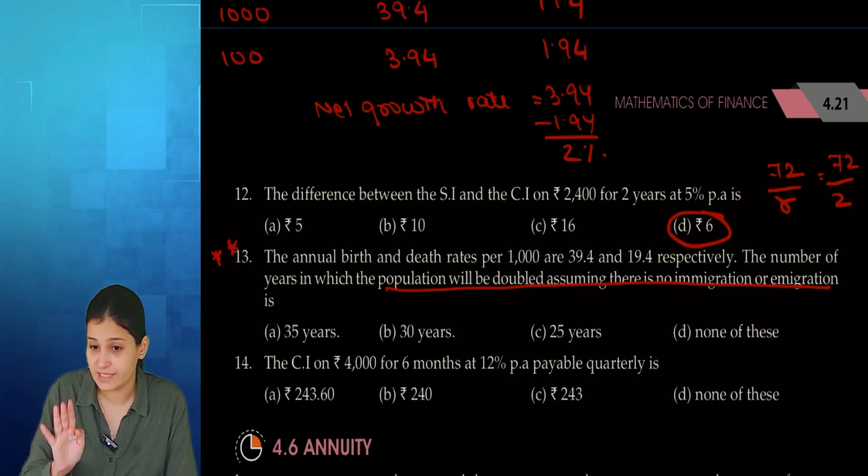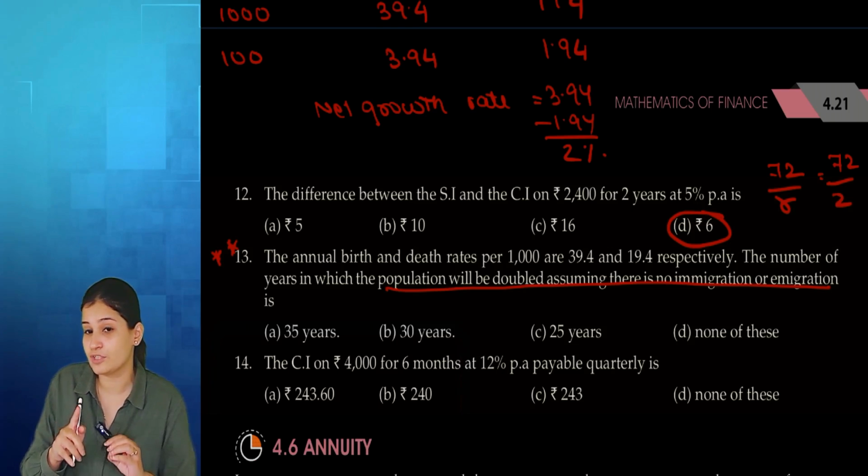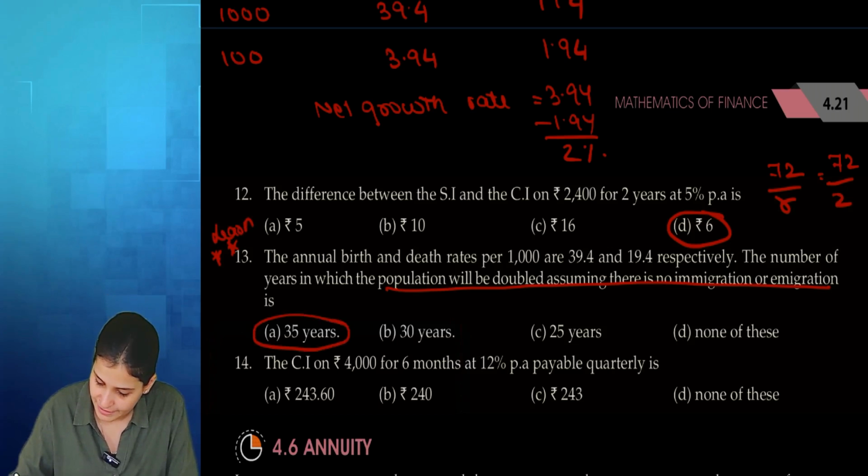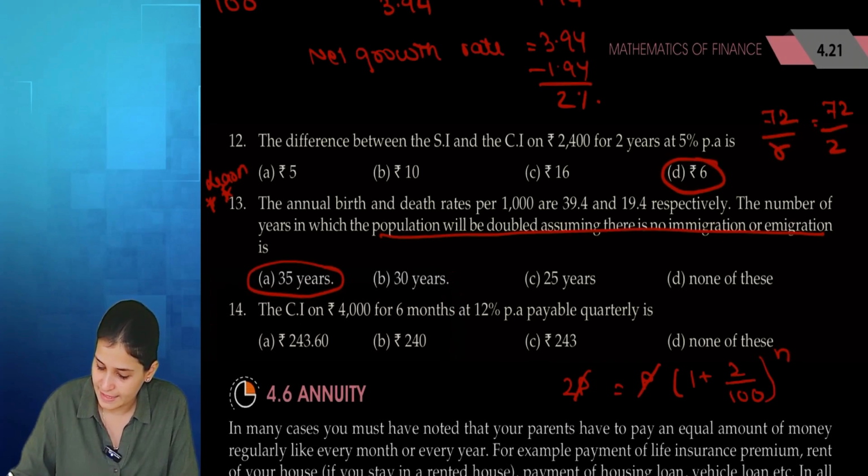We won't mark none. See, I told you in the beginning also when I was giving you the formula, it's approximate. So learn this also. It is always 35. What is basically happening? It becomes 2P. This is P. The rate is 1 plus 2 by 100 to the power n, P gets cancelled.